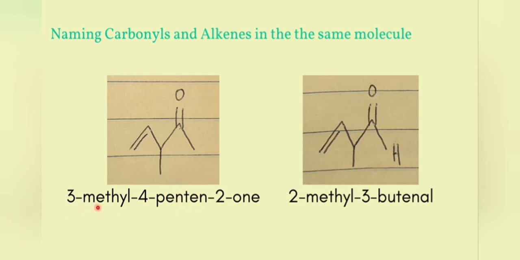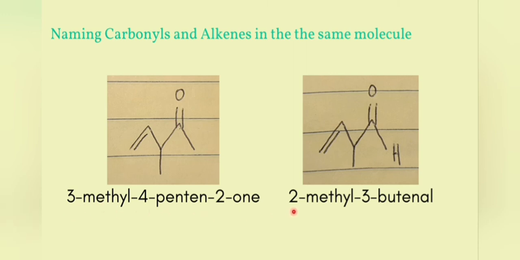And 3-methyl from 1, 2, 3. The methyl is located on the 3rd carbon. And 4-pentene because the double bond is located on the 4th carbon. So 3, 4. So 4-pentene. And 2-one because the ketone is located on the 2nd carbon. So 1, 2. So 2-one.